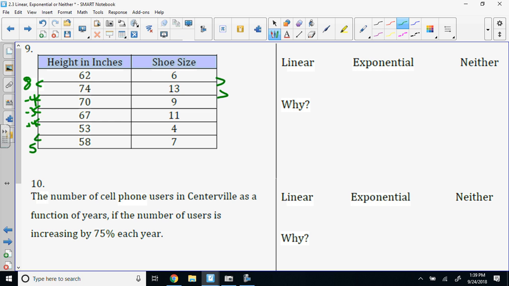Look at these. That's 7. That's 4. That's 2. It's a negative 4. That's a negative 7. That's a positive 3. Listen, are any of these linear or exponential? No, because 13 divided by 6, 9 divided by 13, 11 divided by, there's no common ratio there neither as well.